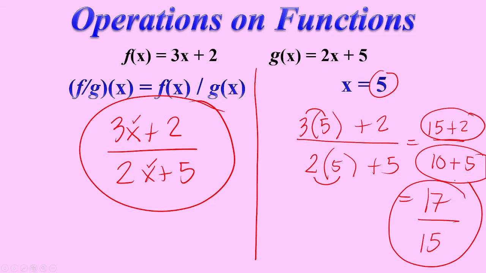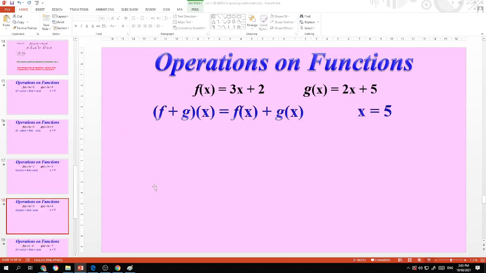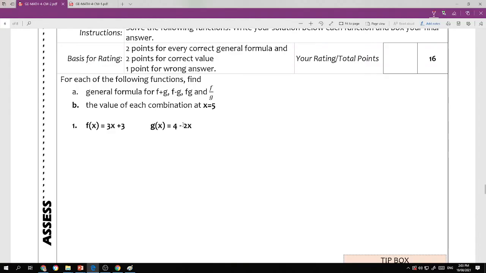What you will do, I'm going to discard this and keep that. Look at what you will do. Addition, next, x equals 5, then substitute. Next, f minus g, with x equals 5, substitute 5.